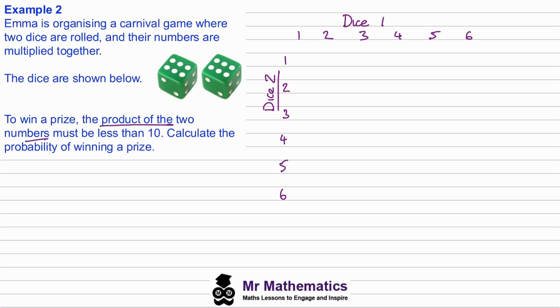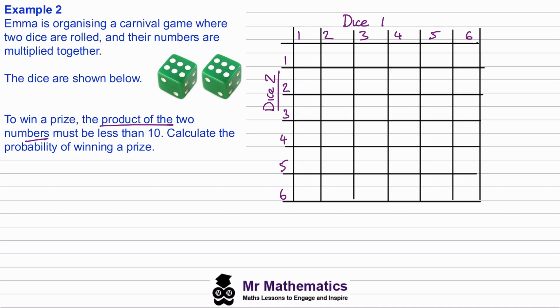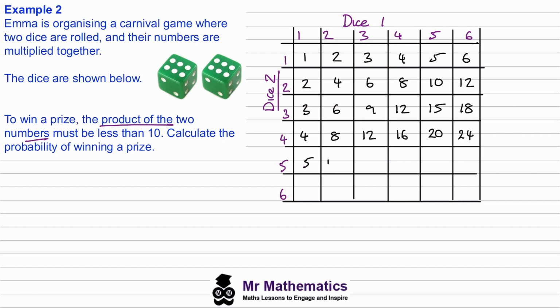So if I just quickly make this into a grid, then we can calculate all the possible products by multiplying the number on dice 1 by each of the numbers on dice 2. So we'll have 1 times 1, and so on. And this becomes our sample space diagram.